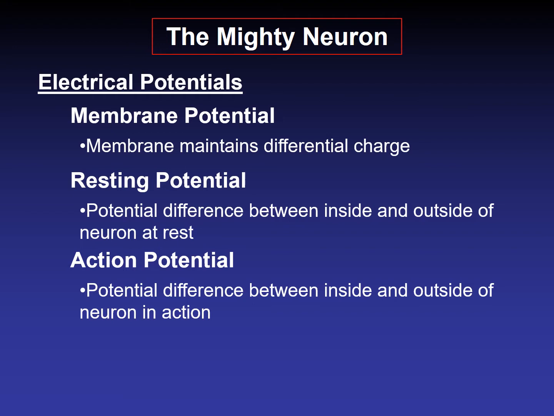The difference in charge between the inside and the outside of a neuron when it's in action. So now let's understand how we can record this resting potential and this action potential. We'll discuss how we record it, and we'll show what it looks like on the screen to see one of these action potentials occur.